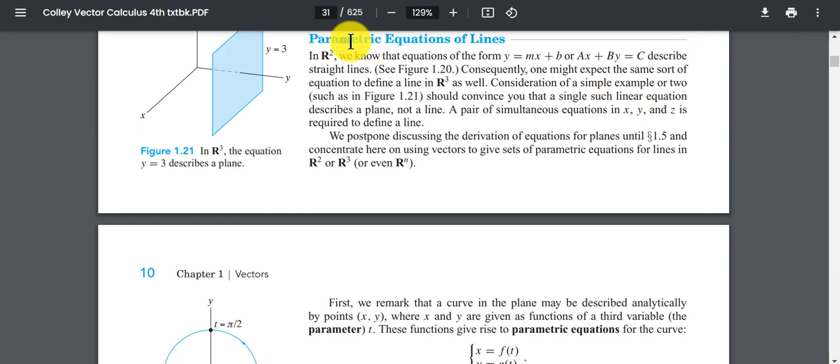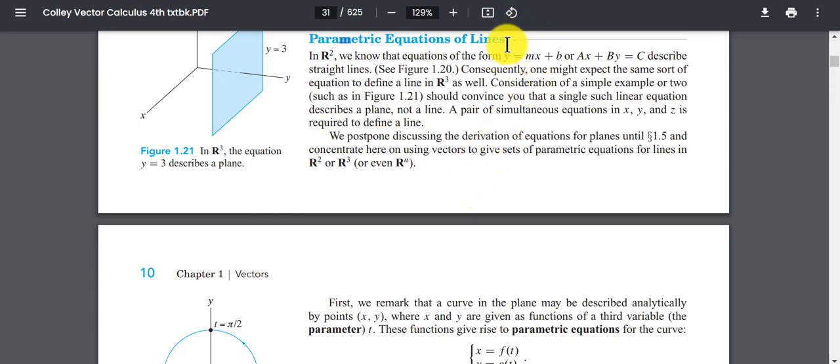Okay, now, of course, we know exactly what we mean by the equation of a line. We know that y equals mx plus b is the way we write the equation of a line, at least in R2. So she says in R2 we know that the equations are of the form y equals mx plus b, or of course we could rewrite it as ax plus by equals c, because we could just bring the mx over to this side.